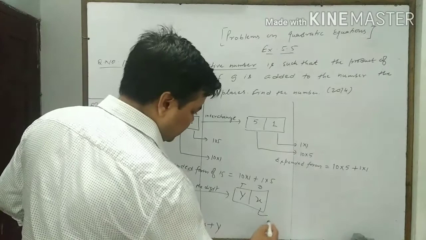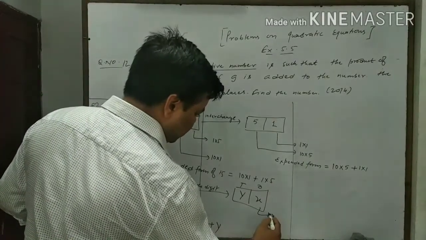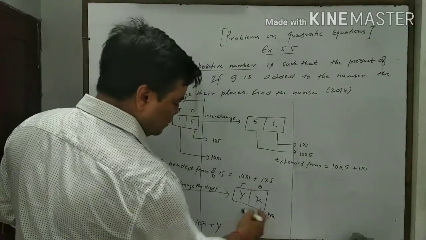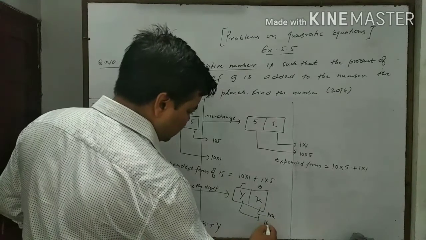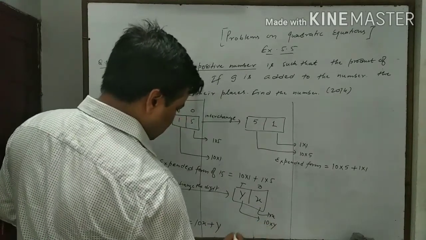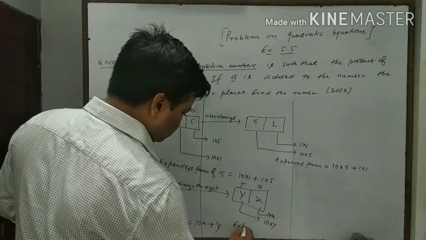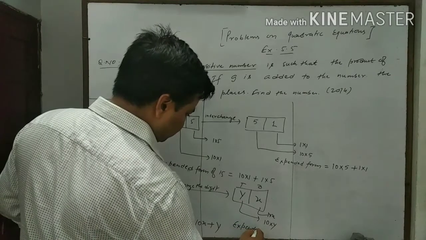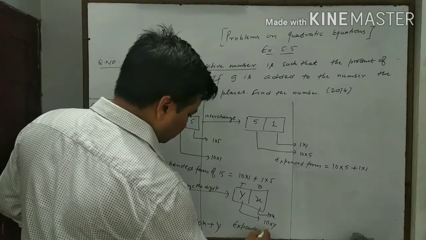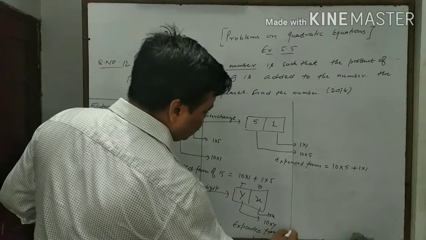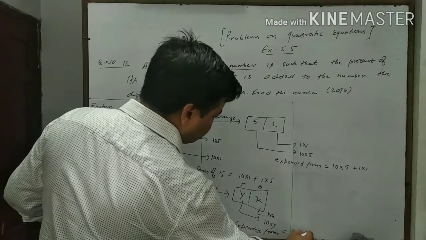So here it will be x, 1 into x, and the place value of y will be 10 into y. Therefore the expanded form is what? The expanded form will be 10y plus x.